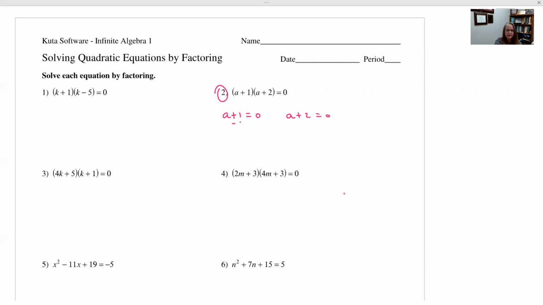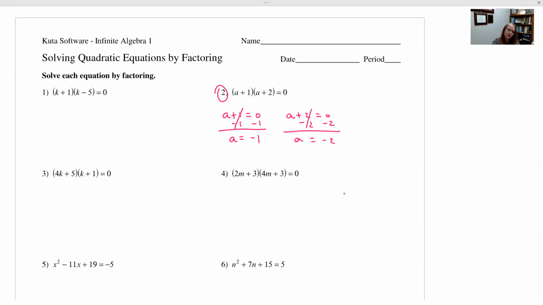I've got to get a by itself over here, so I need to subtract 1 to get it to the other side of the equation, or to get it to go away on this side with the a. And so I'm left with a equals -1 here. And then for the other one, I subtract 2 from both sides. So it goes away over here with the a by itself, and I'm left with a equals -2.